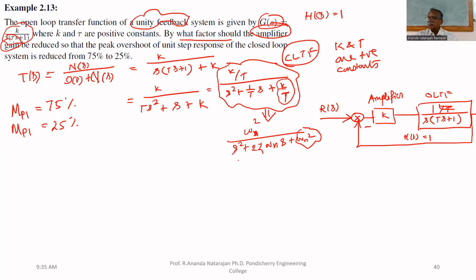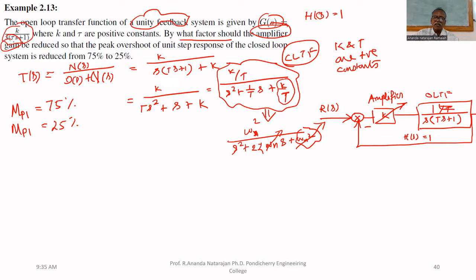K is variable here. You can adjust the gain. So omega n is variable because k can be adjusted. The gain of this amplifier can be adjusted. That's why omega n becomes variable.